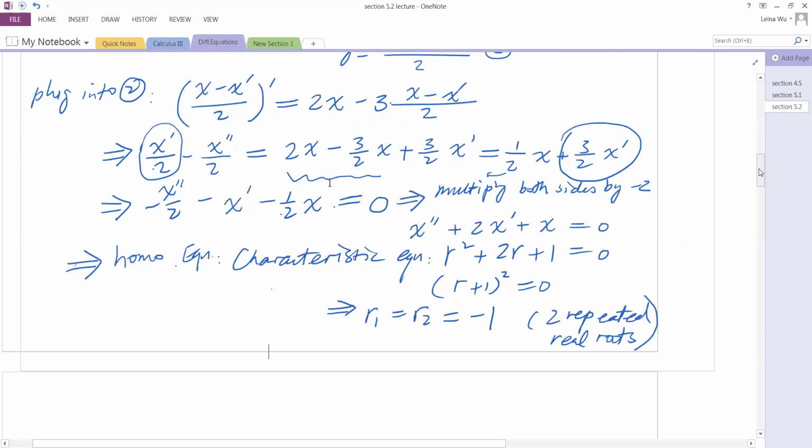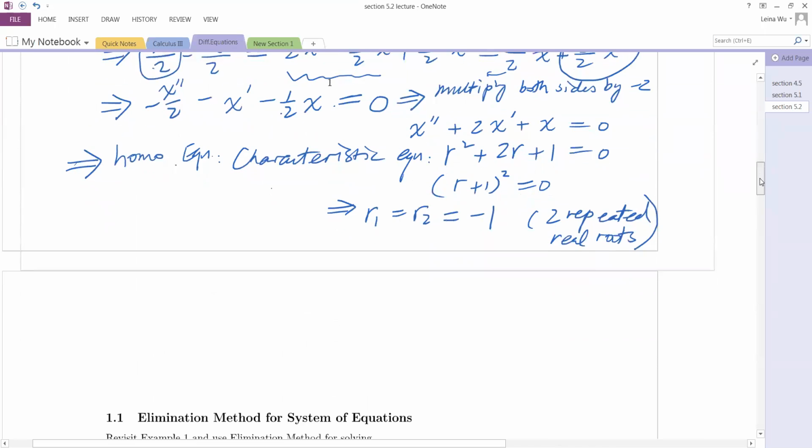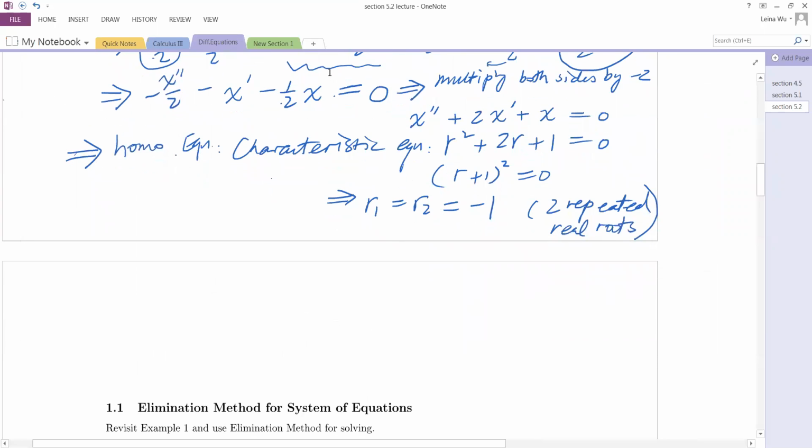Okay, so let's see if I have space here. All right, so then that tells us at least we can solve for x now. So x of t, based on these two repeated real roots, is c1 e raised to negative t plus c2 t e raised to negative t.